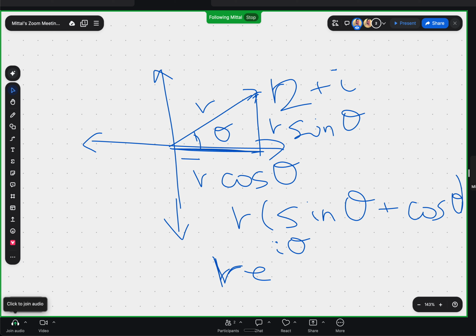And then for the specific case of 2 plus I, you could work out what the r and the theta values would be and plug them in to get this particular form, r e to the I theta. So this will become useful because typically when we are doing quantum computing and we are writing the vectors along the Bloch sphere, we will be writing them in this form, r e to the I theta.